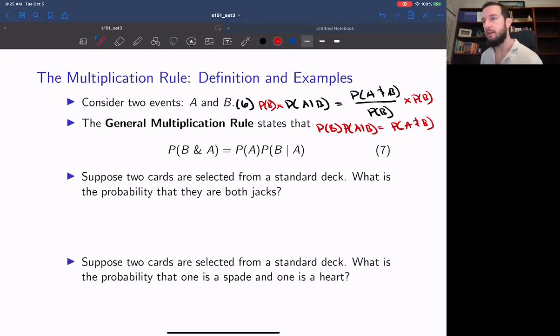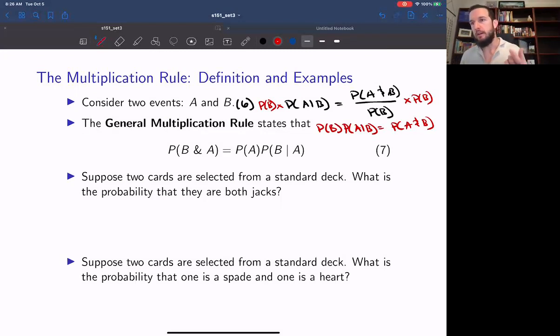So equation 7, which is our general multiplication rule for two events, obviously. This is simply a rearrangement of the conditional probability rule. So we're just taking the denominator from equation 6 and removing it, or we're multiplying both sides of that formula by the denominator, and we end up with an expression for the intersection.